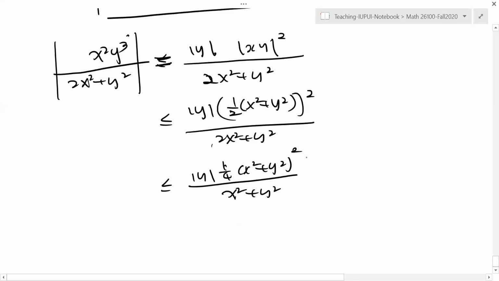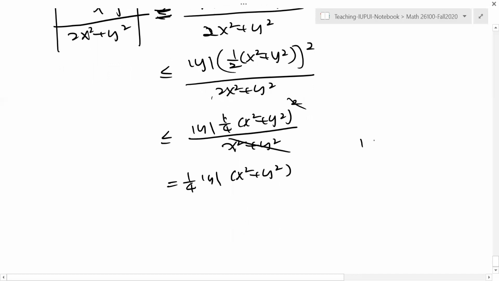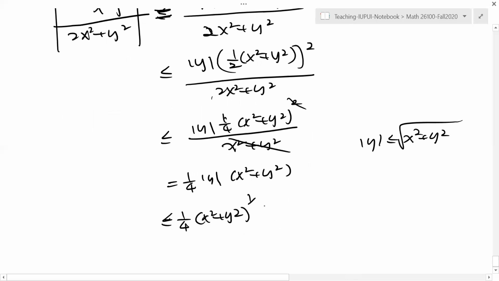Then you can cancel. I can also replace the y by the square root of x squared plus y squared. So this is going to be less than or equal to x squared plus y squared to the power 1/2.